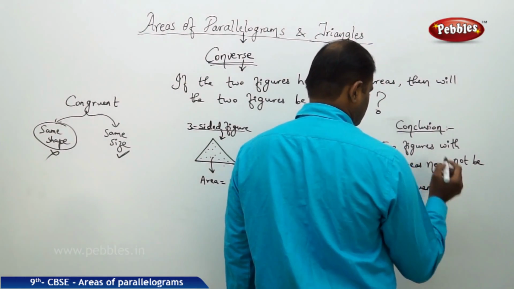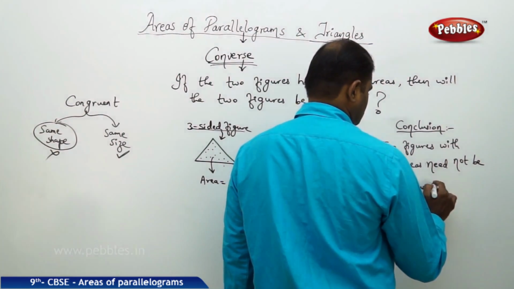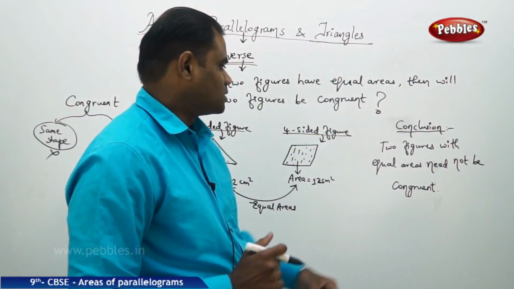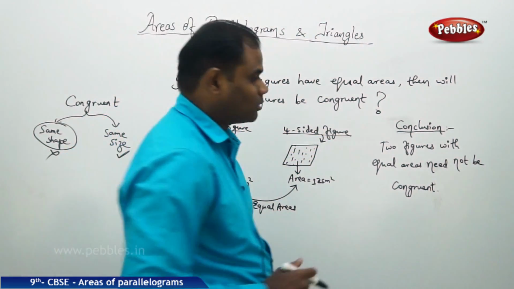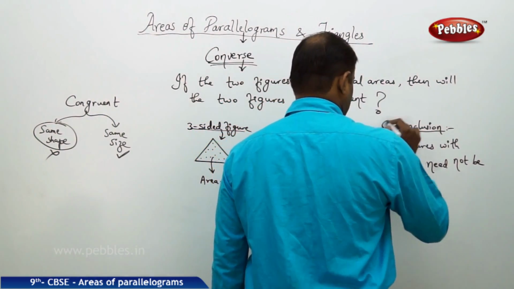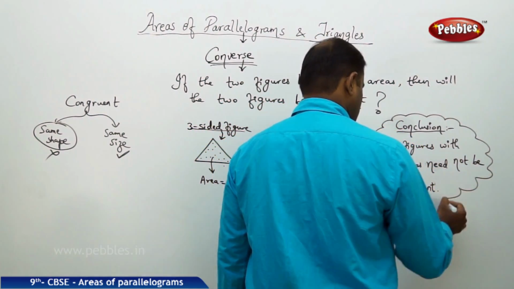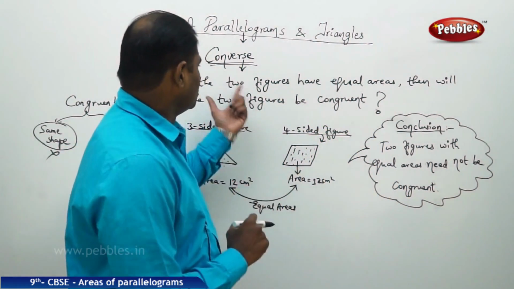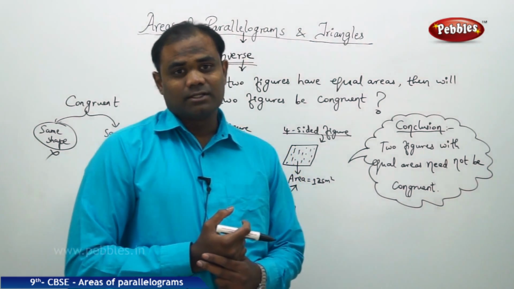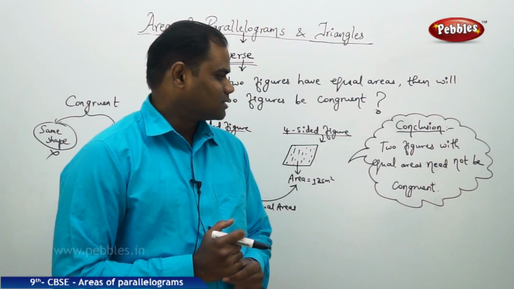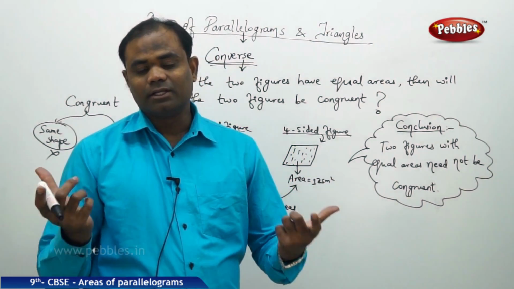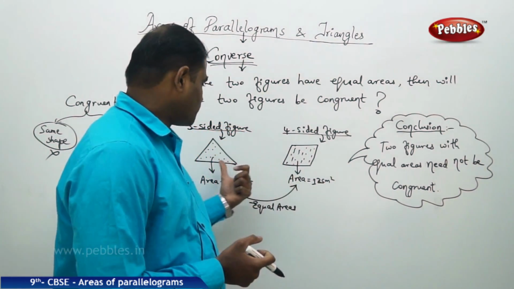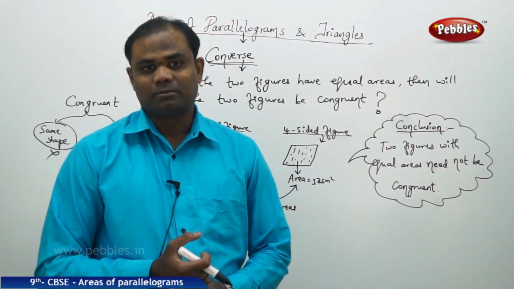That is how I conclude: two figures with equal areas need not be congruent. That is the conclusion in the converse. So the converse of the congruency statement says that two figures which have equal area need not always be congruent, just as in the case of triangle and parallelogram.